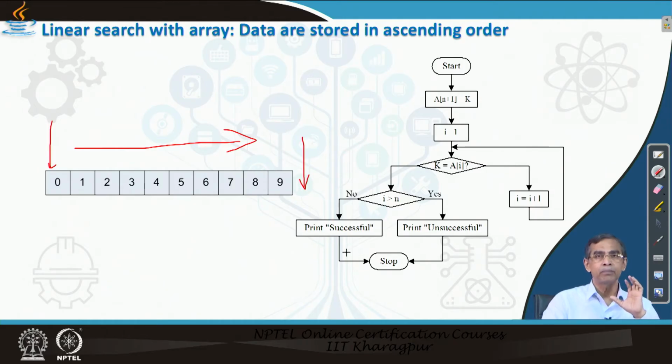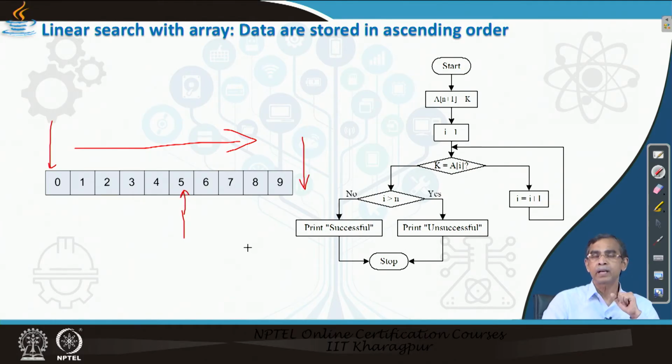The idea is more or less similar to the previous algorithm, but here, if you find the element, or if you see that the element you want to search already exceeds the limit, you stop. For example, we want to search for 5. We start from here, reach here, and find that 5 is available.